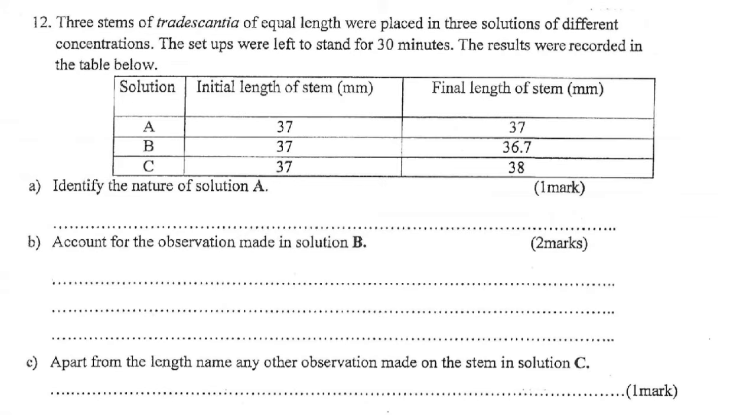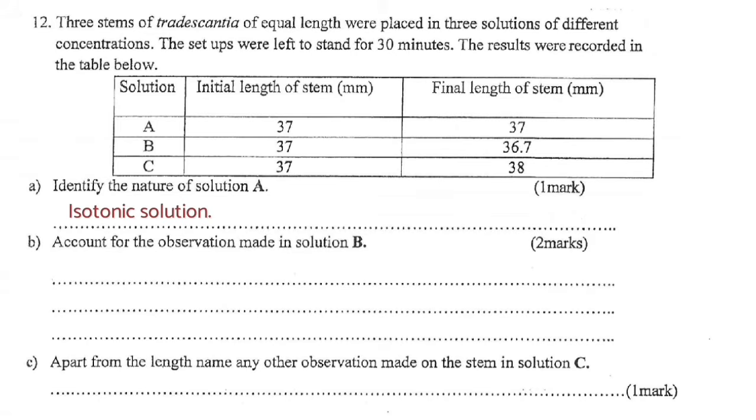So with A, since we're not seeing any change in the length of the stem, that implies that solution A was isotonic to the sap vacuole of the tradescantia stems, and therefore there was no net movement of water in and out, and finally no change in the length. Now when it comes to B, initial length was 37, final length was 36.7. So we have a decrease.